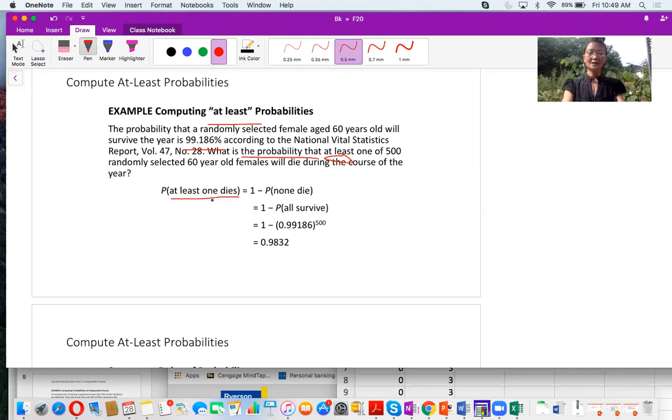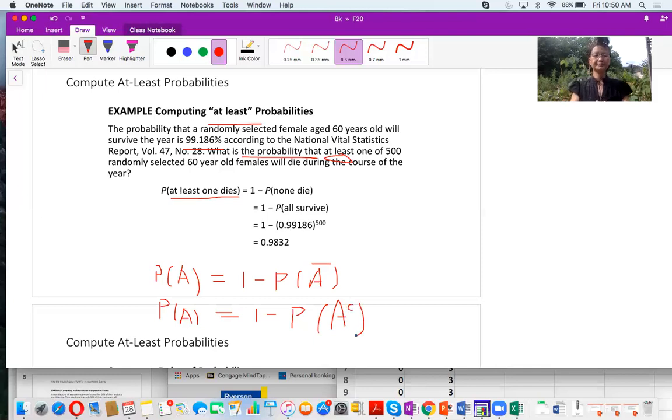Based on the complement event, the probability of A equals 1 minus the probability of the complement of A. Some textbooks use A bar to represent the complement event, and some textbooks use A superscript C. They are the same thing, okay?